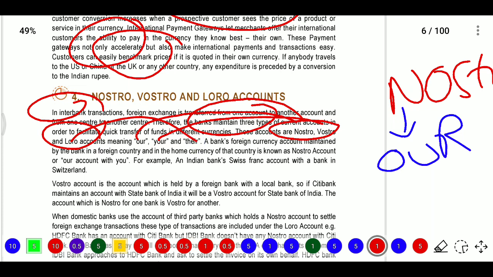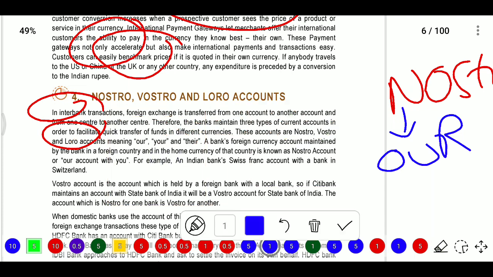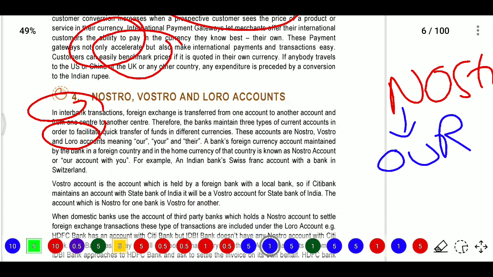A bank's foreign currency account maintained by the bank in a foreign country, in the home currency of that country, is known as Nostro. So our account is maintained in another country, that is a Nostro account.